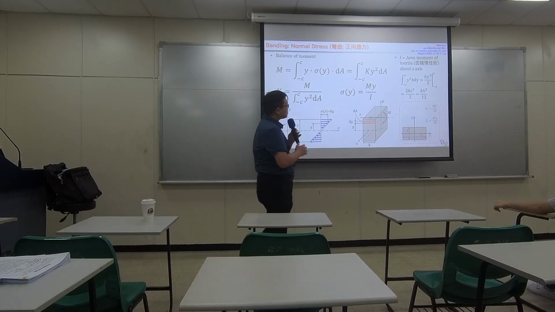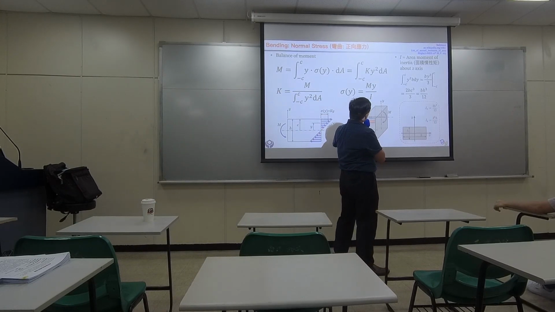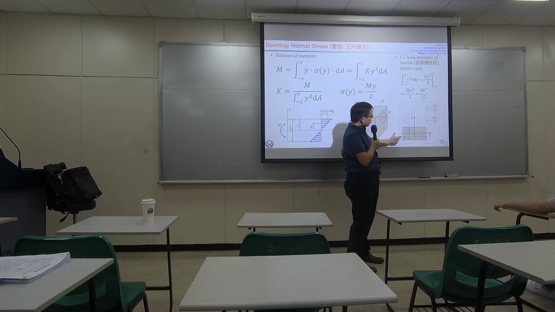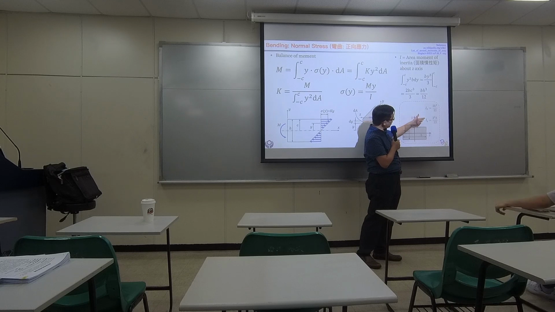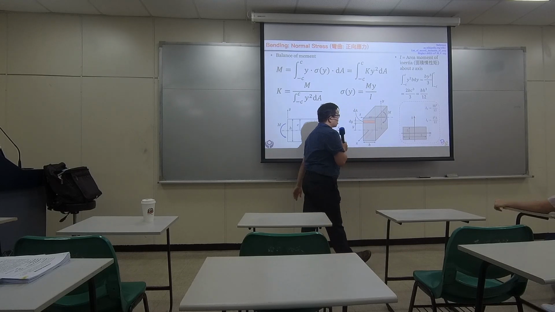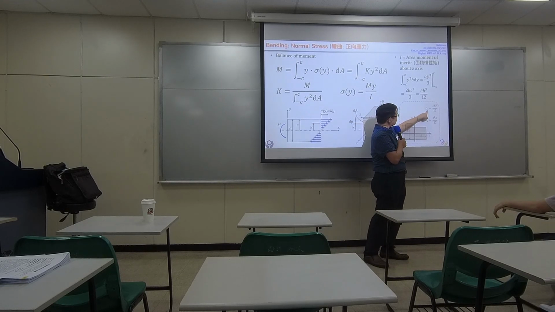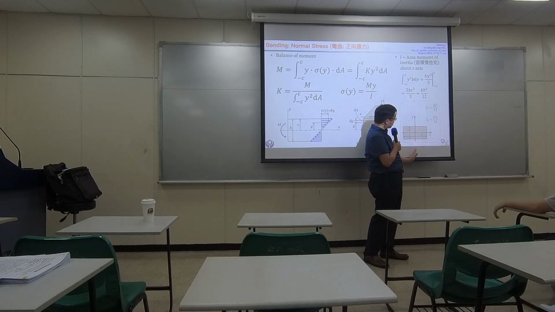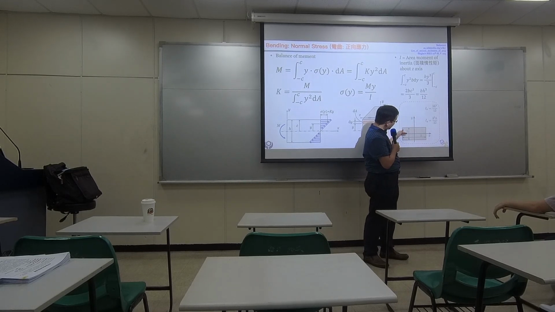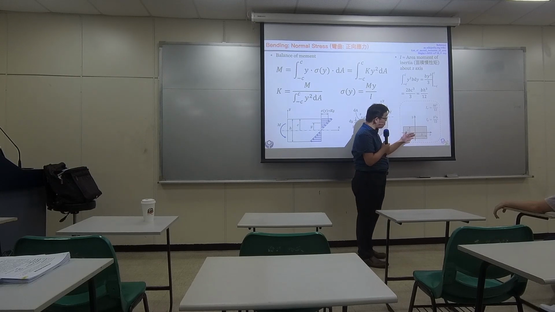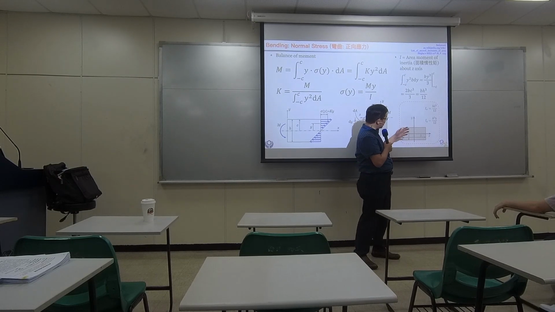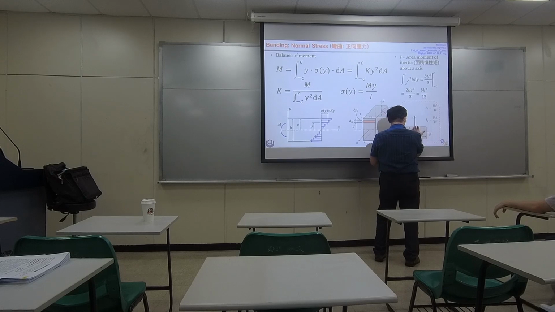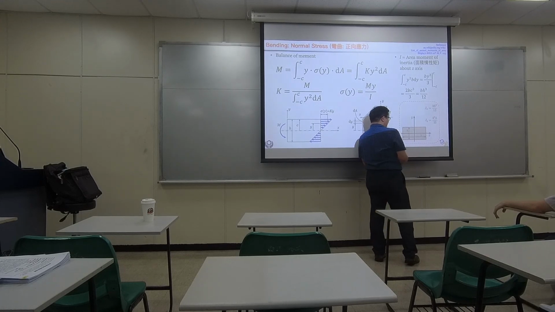Over here, when you check your textbook, usually you see this, and you see Ix and Iy. What's the difference? The index represents one axis, either the horizontal one or the vertical one. If it's the horizontal one, that means you are bending about that axis.